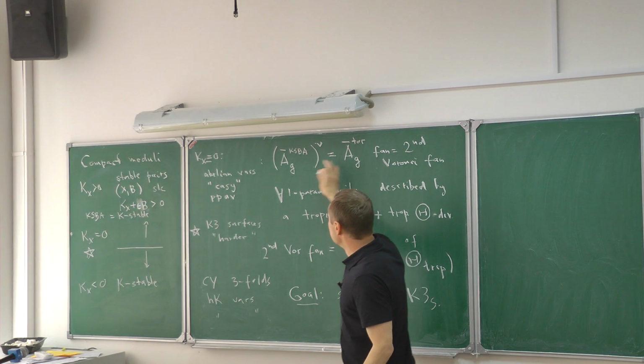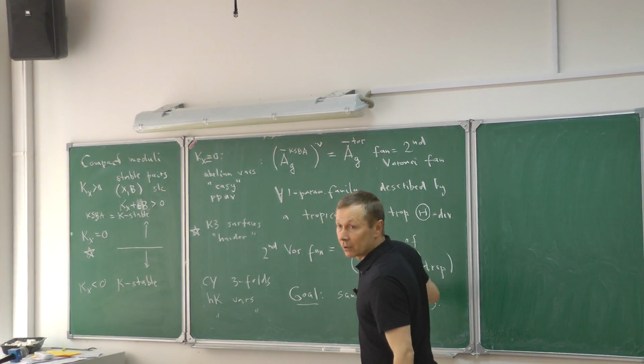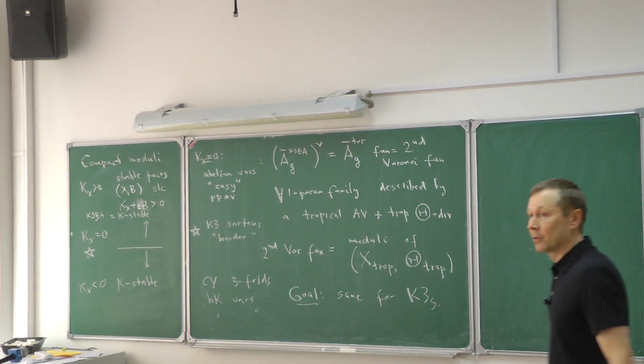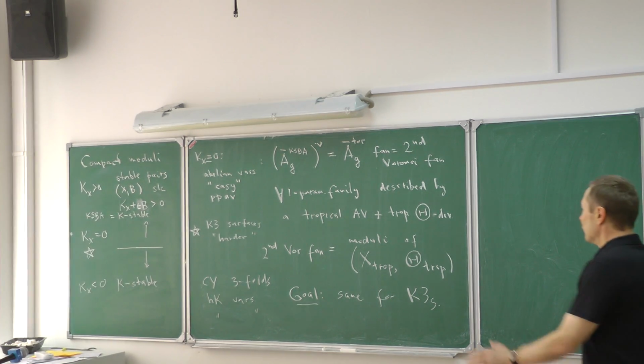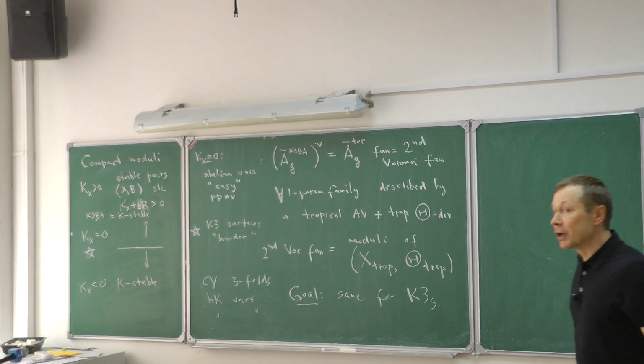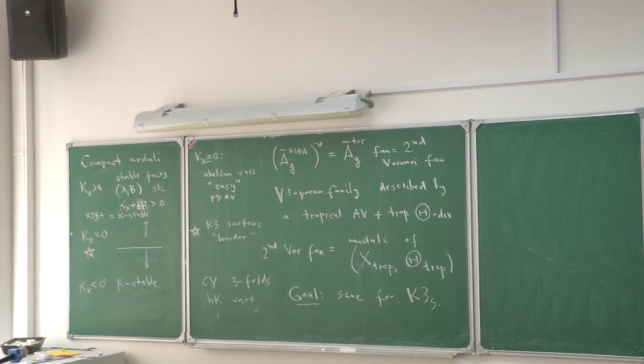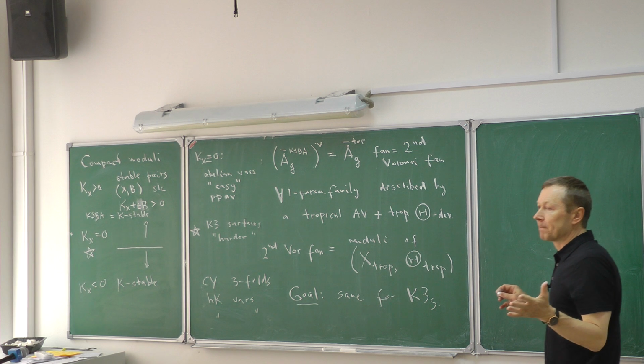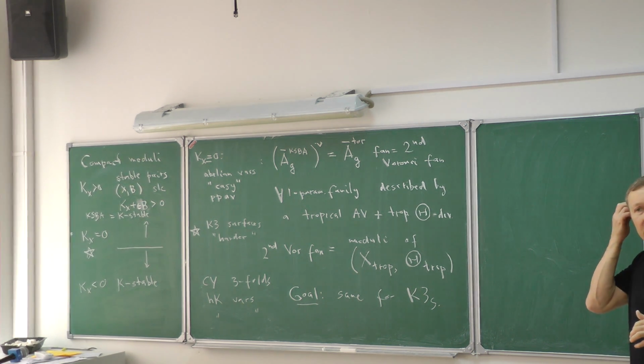So now I'm going to explain this picture a little bit better, so you will see what it is I'm trying to generalize. Let's say we have a one parameter degenerating family of abelian varieties.